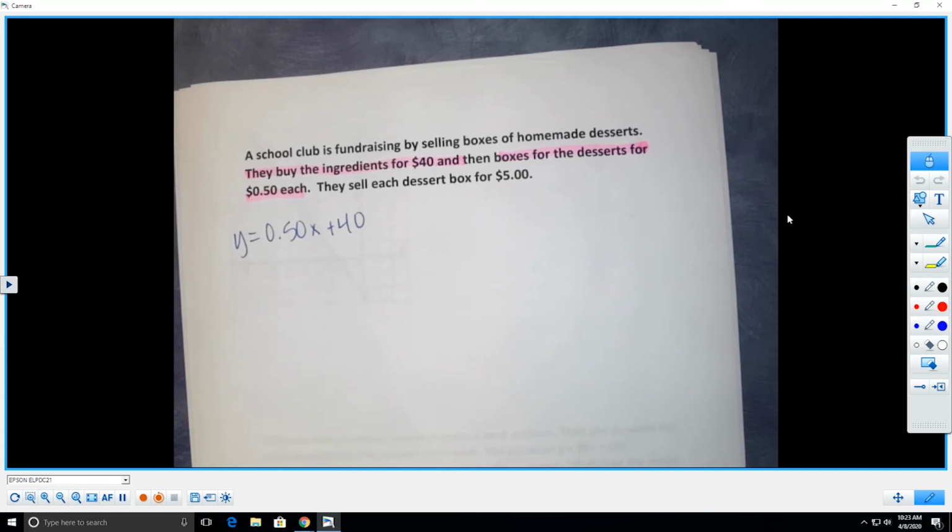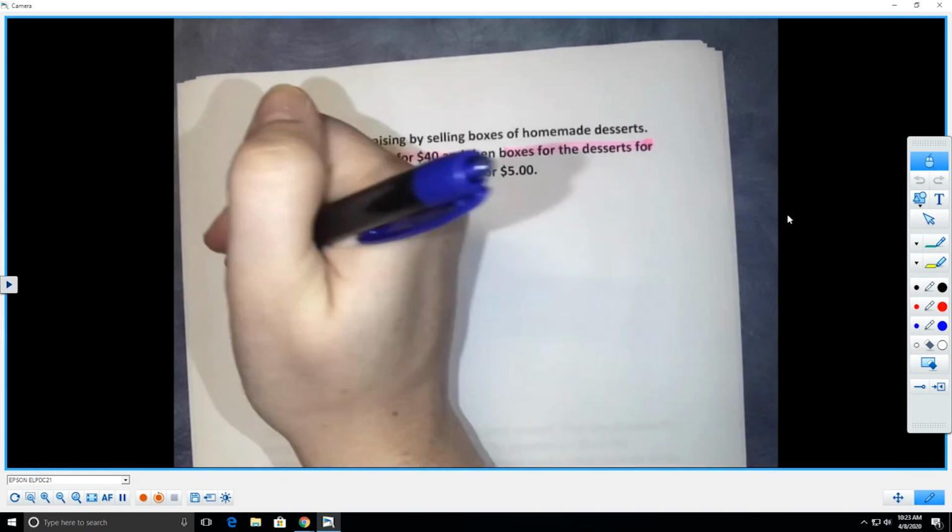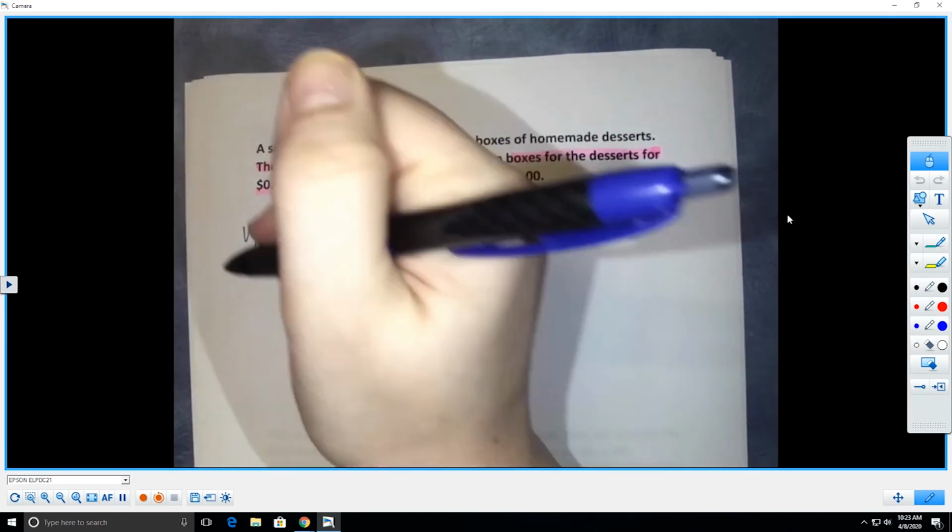Remember, we are only looking at the amount they collect. Does your equation look something like this? So this is for the amount they spend.